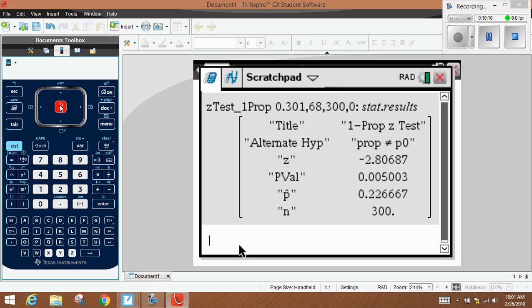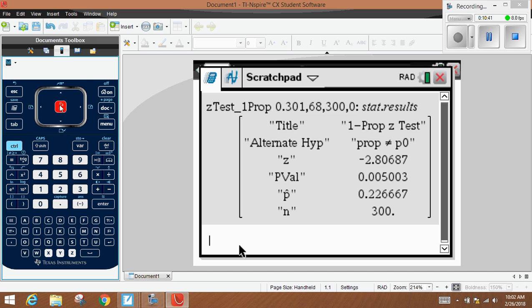All right. So right away, we can start to see where this problem is going. We got a very, very low p-value. That's good for our hypothesis, but probably bad for the company if you put it in context.